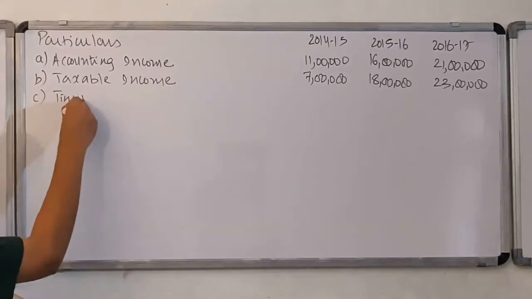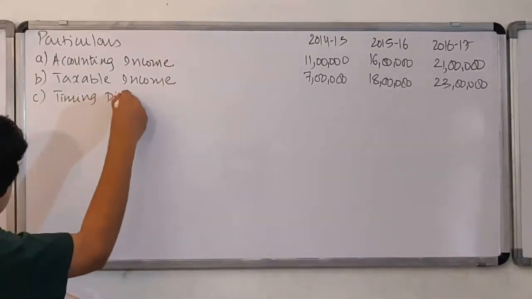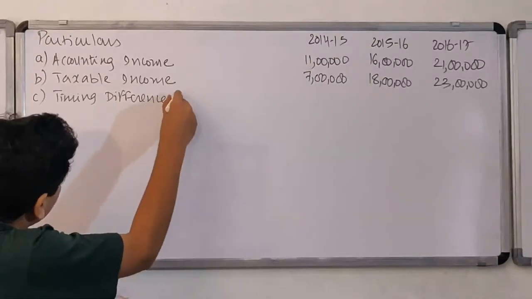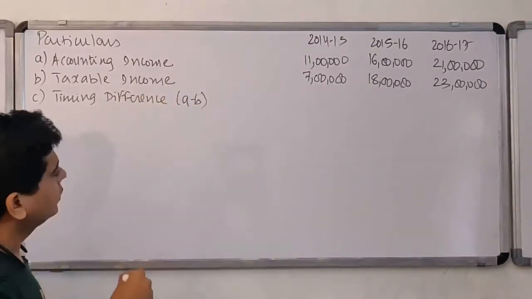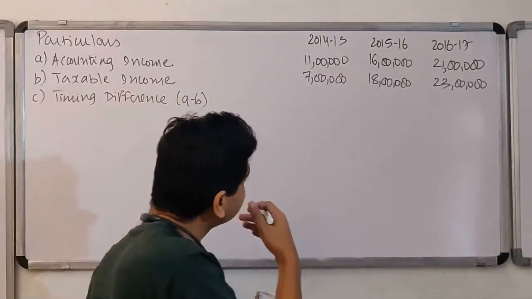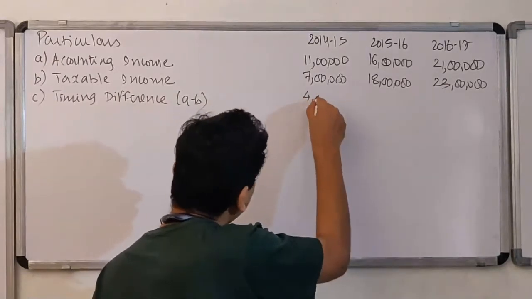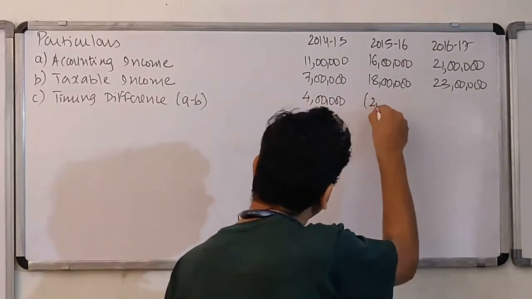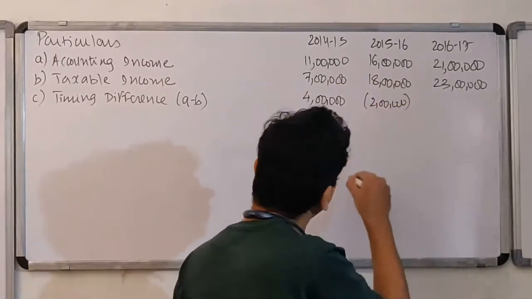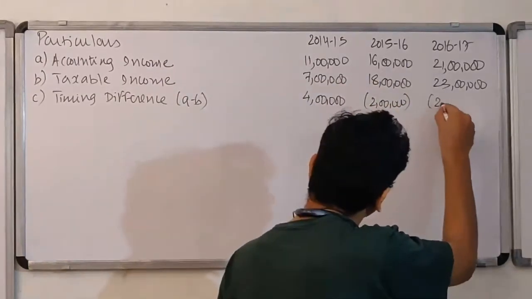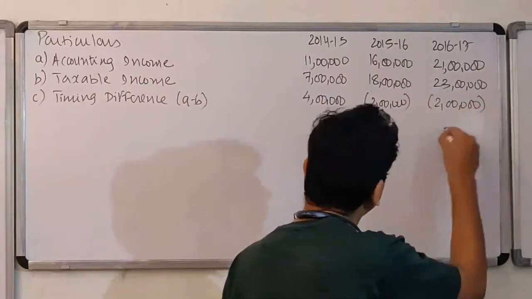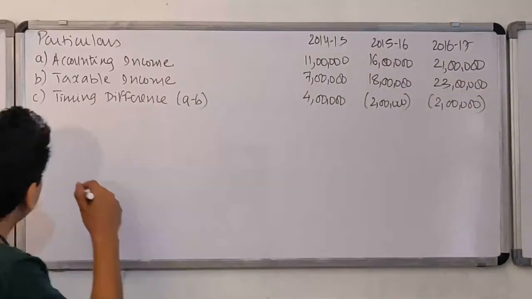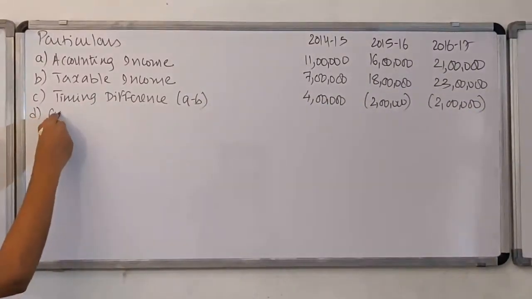Take a difference. That's your timing difference. 11 minus 7, 4. 16 minus 18, minus 2. 21 minus 23, minus 2. Take a total of the timing differences now.